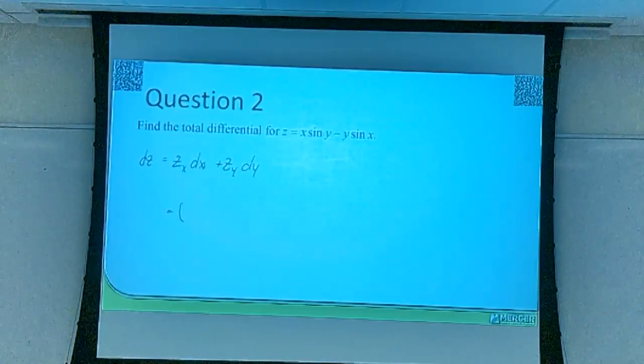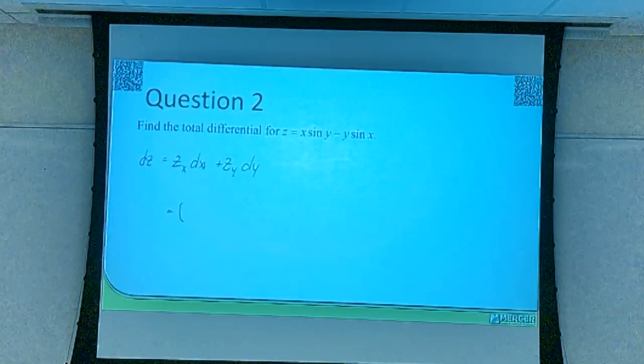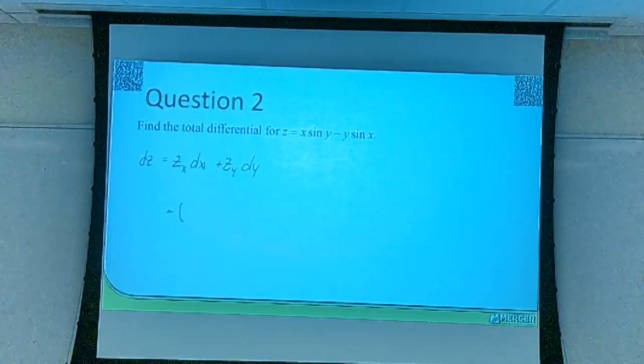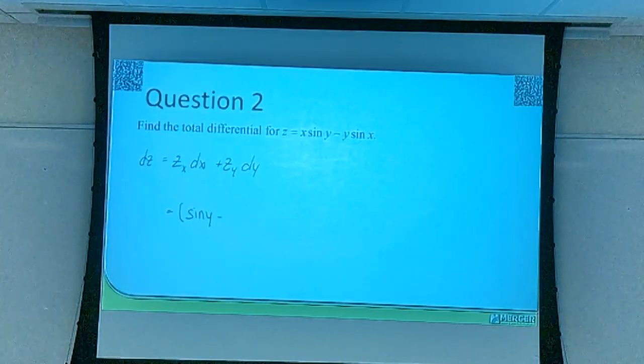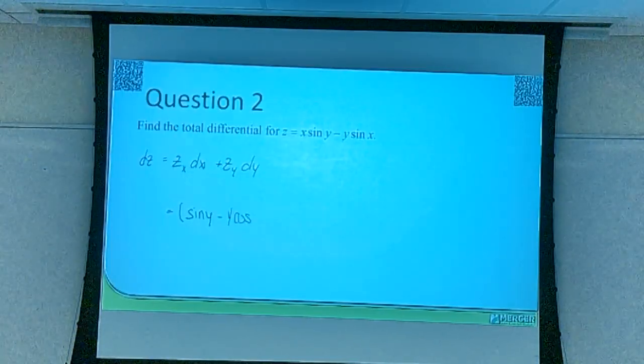Right, so what is the partial with respect to x? Sine y minus y cosine x.